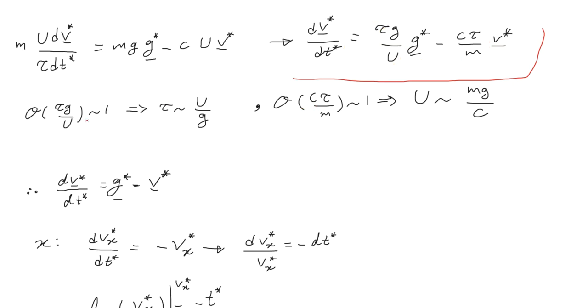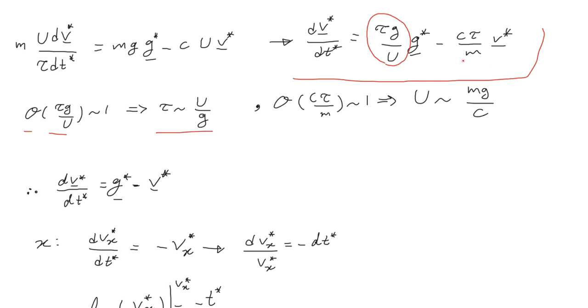Therefore we want this term here to have the order of 1, so we show it this way. The order of this tilde is 1, and it's not equal, it's in the order of 1, and then tau should be of the order of u over g. Okay, so just keep this one. And for the second term, we do the same thing.